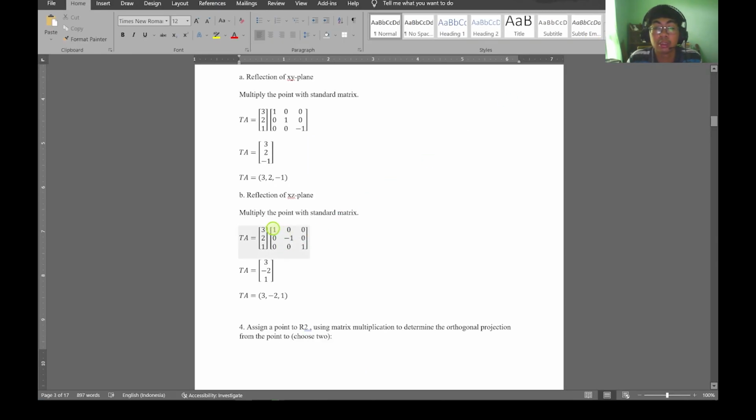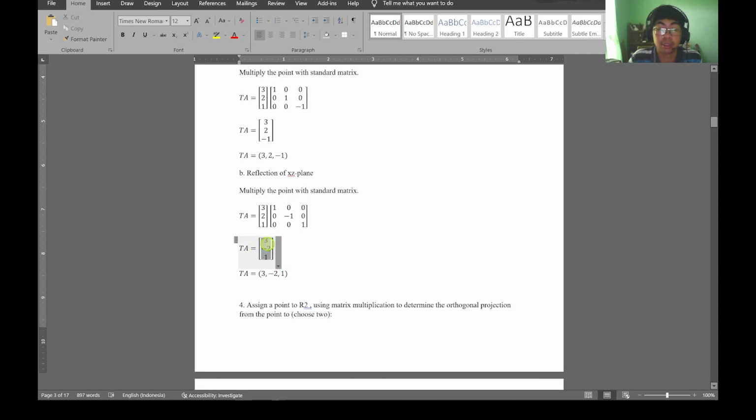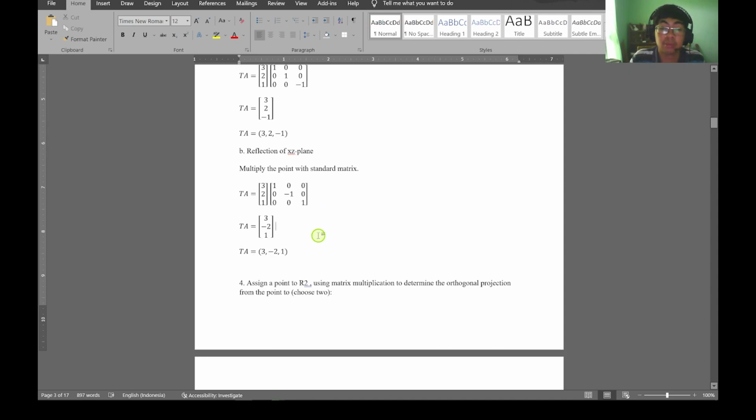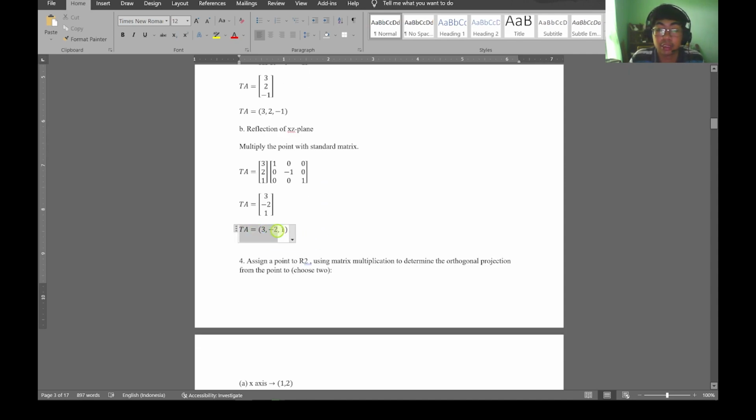So we multiply it. 3 times 1 0 0 is 3. 2 times 0 minus 1 0 is minus 2, and then 1 times 0 0 1 gives 1. So we get matrix 3, minus 2 and 1. This is the answer.